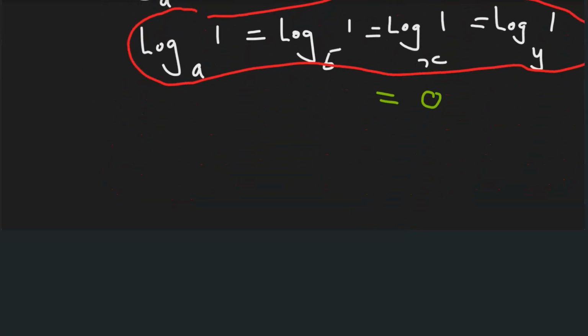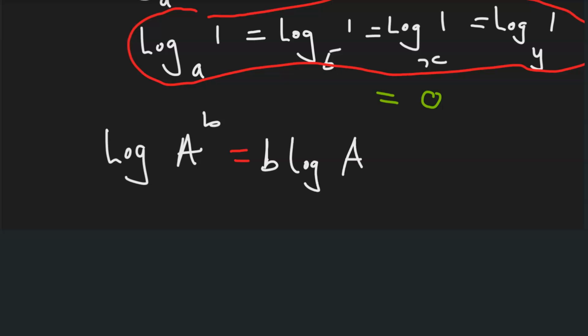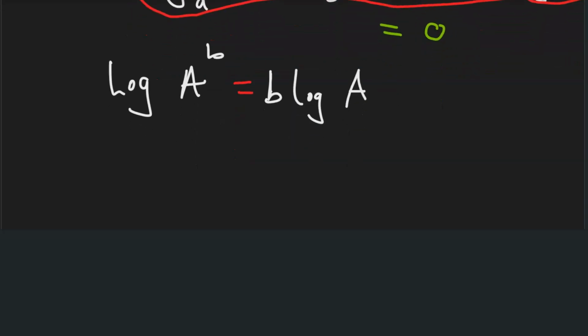So there's a law of exponents that states log a to power b should be equal to b log a. So one example is that, given log 3 to power 6, this should always be 6 log 3.